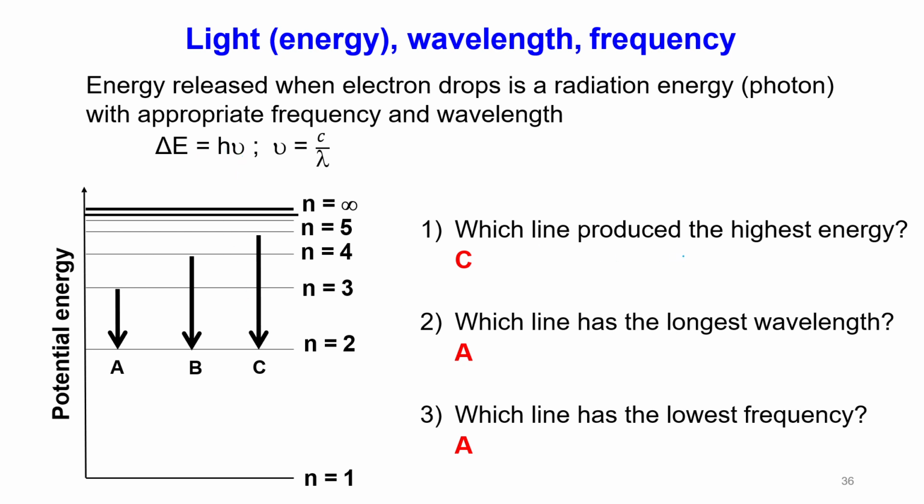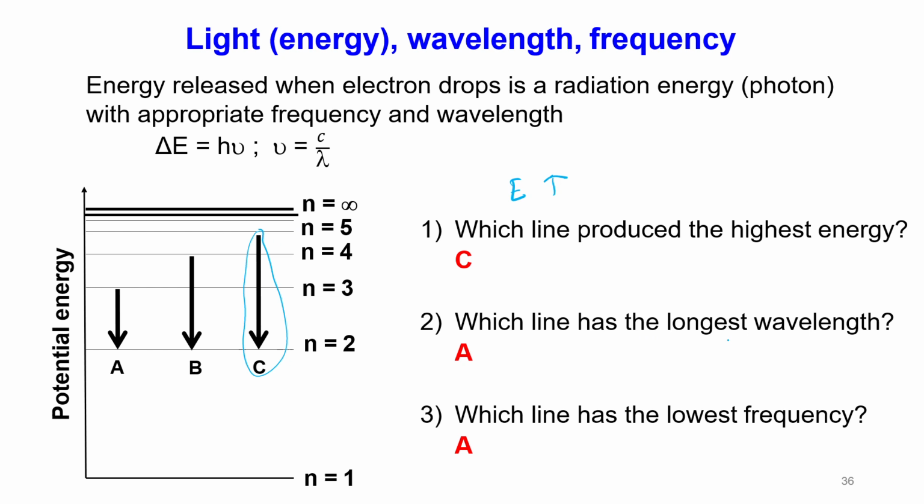So which line produce the highest energy? So highest energy meaning E yang besar, refer kepada perbezaan energy difference. Besarnya line tu menunjukkan besarnya energy.